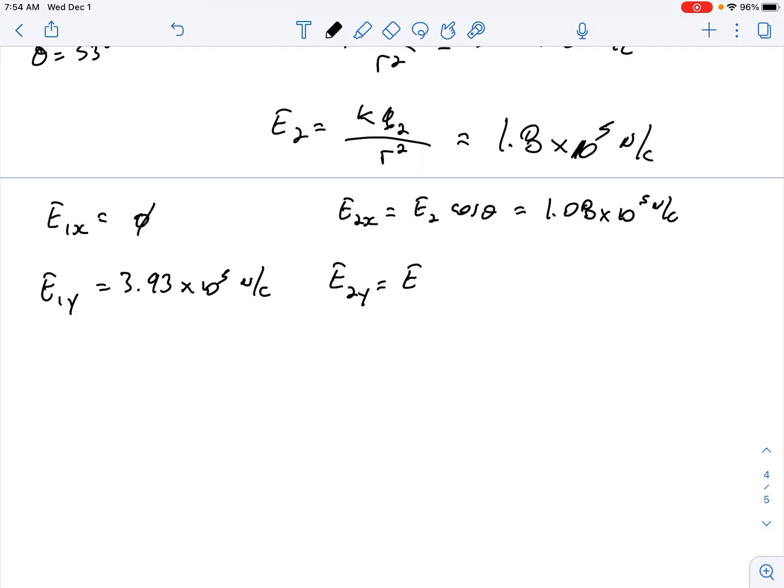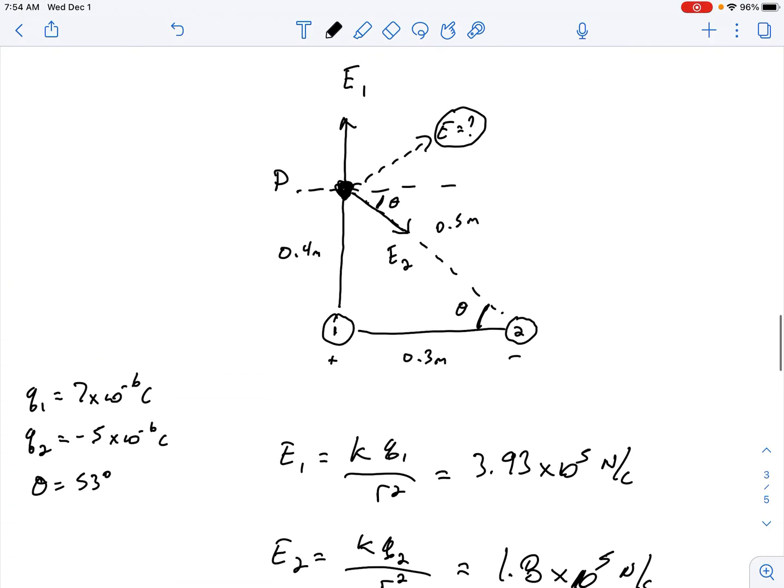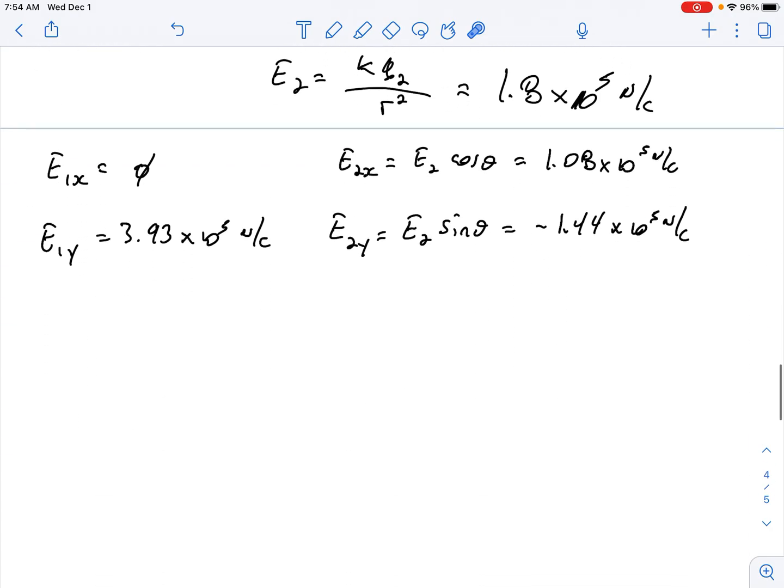E2y is going to be E2 times the sine of that same angle, and that's going to be negative 1.44 times 10 to the 5 newtons per coulomb. So we have E2 is this, so E2x is that vector, E2y is this vector. E2y is negative because it's that way. It's in the negative direction.